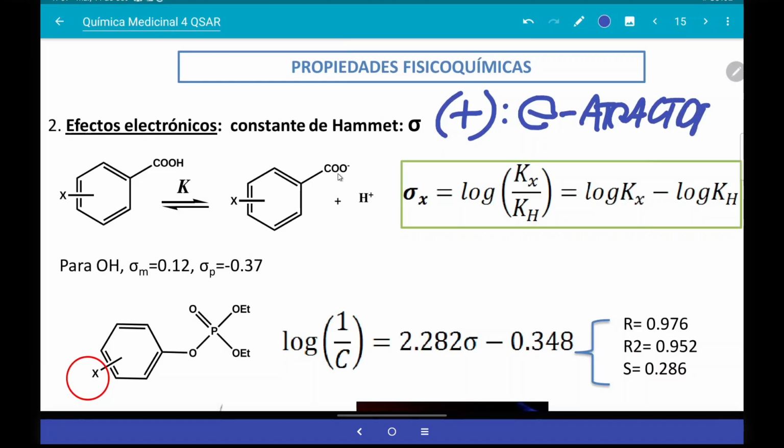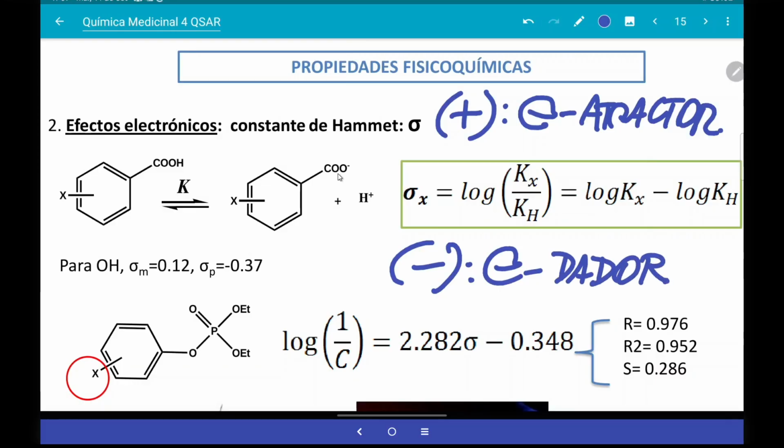And the Hammett constant, here is the definition of sigma, is defined as the logarithm on base 10 of the dissociation constant of benzoic acid when it has the substituent X, minus the logarithm of the dissociation constant of plain benzoic acid.